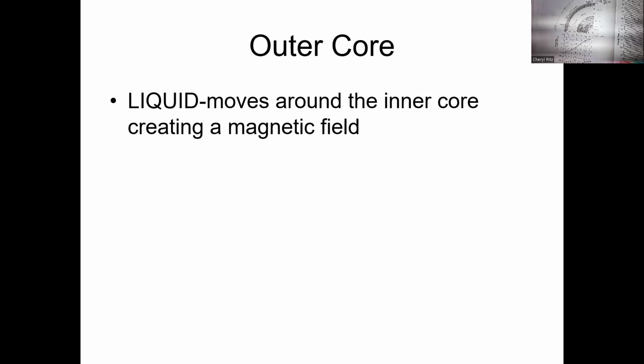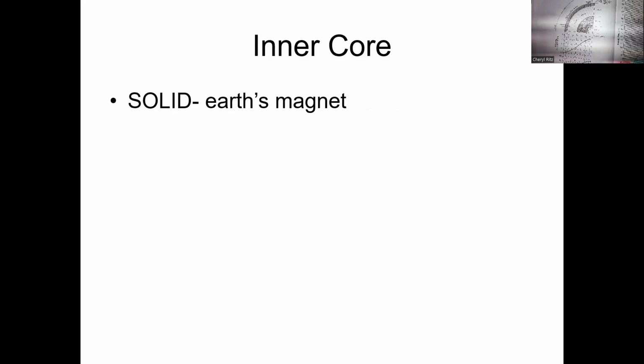It is completely molten rock that moves around the inner core, creating the Earth's magnetic field. And then finally, the inner core is solid. It's the Earth's magnet.